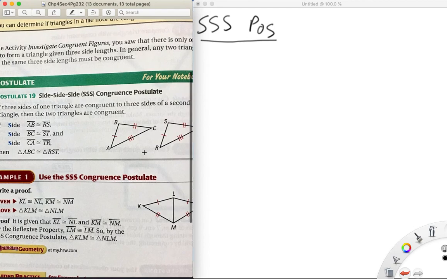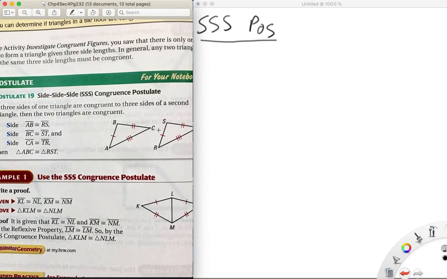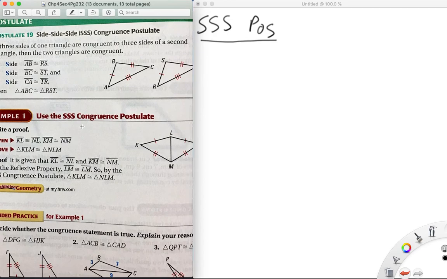So here we have AB congruent to RS, BC congruent to ST, and RT congruent to CA. Since the three corresponding sides are congruent, ABC is congruent to RST. And we have examples of side, side, side here.